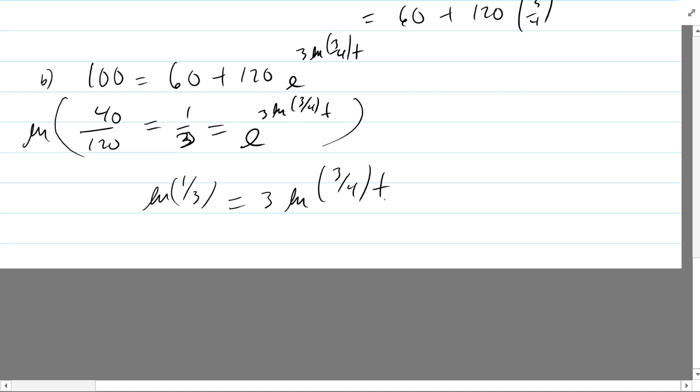Divide by this. So you're going to end up with t equal to the natural log of 1/3 divided by 3 natural log of 3/4. You're going to round that to 3 decimals, and that's approximately 1.273 hours.